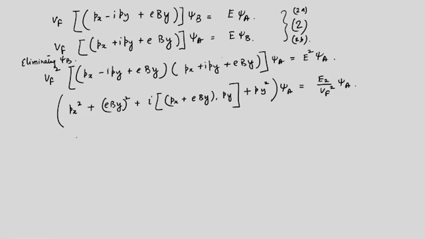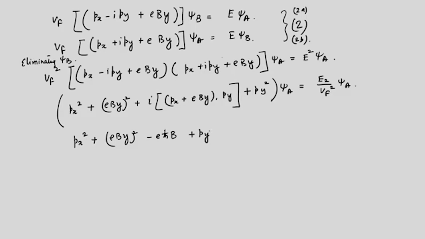And then simplifying further, it will be Px square plus Eby square minus eħB plus Py square. We simply use the commutation relations. Px of course commutes with Py, but Py does not commute with y, and [y, Py] we use as iħ.